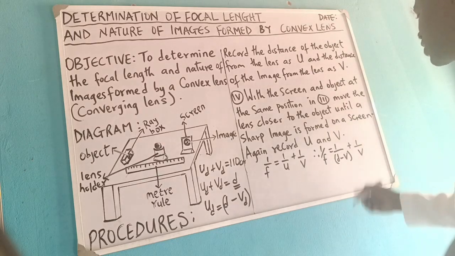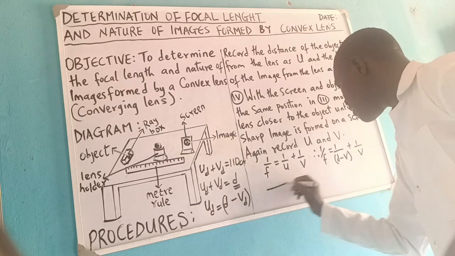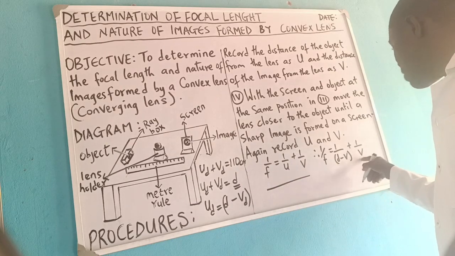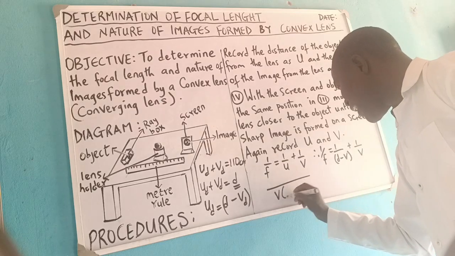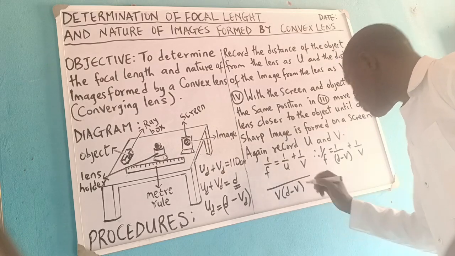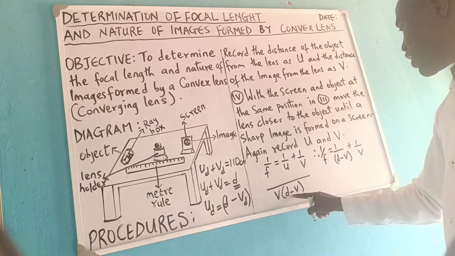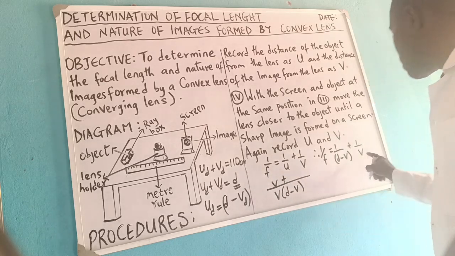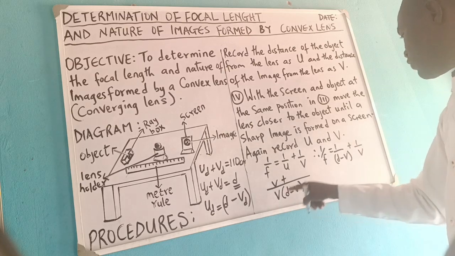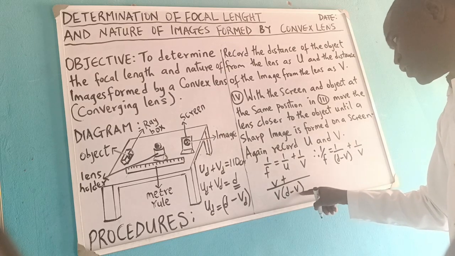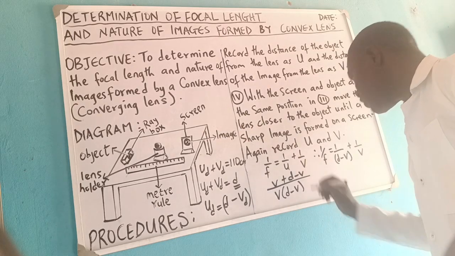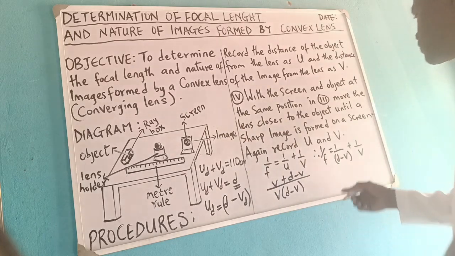Now, as you have gotten this, look for the LCM. LCM of this side will be equal to v bracket d minus v. So this divided by this will give you v, plus this divided by this will give you d minus v times 1, which will give you d minus v in bracket.